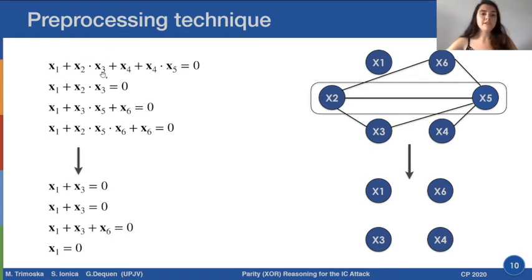So the degree of the system is unchanged if we assign x1. This means that when solving this system, there is an order of branching variables that can be more efficient than another order. To find this order, we used the MVC, the minimal vertex cover problem from graph theory.